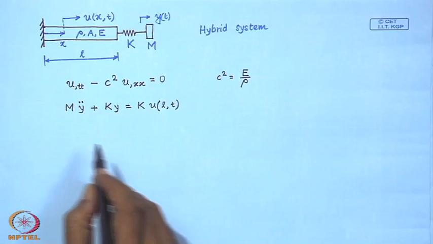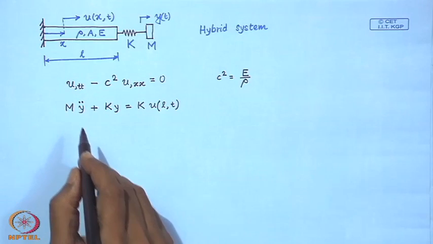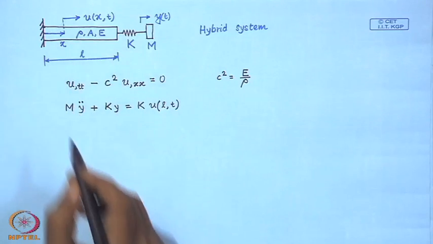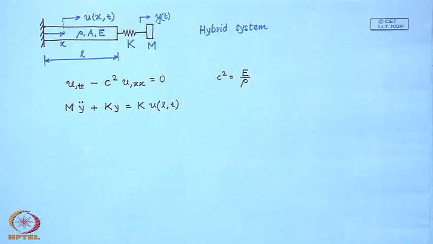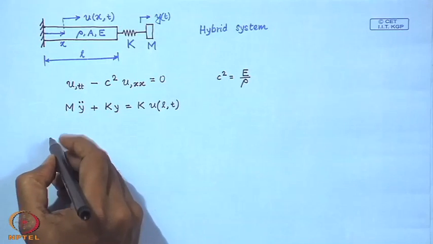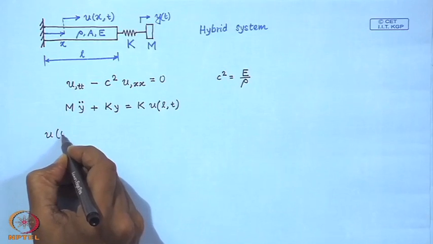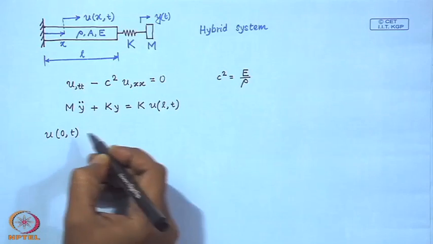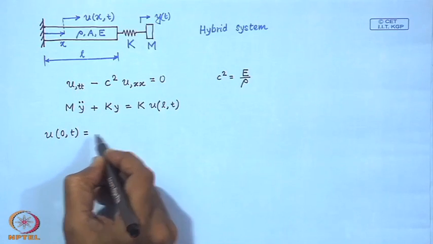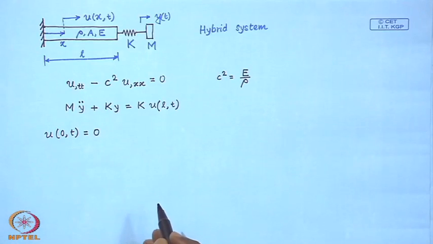Now, the boundary conditions for this bar can be easily written. So, u at 0 for all times must be 0, it is a fixed end.